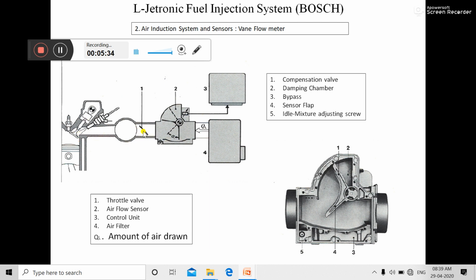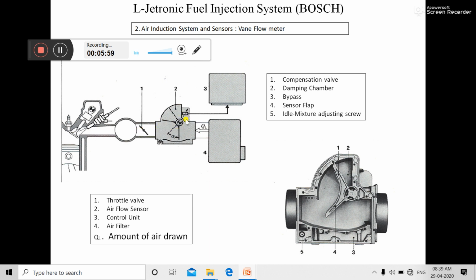Whenever the throttle is opening 100%, or say 90%, or any magnitude, there is always some error compared to the actual throttle opening, because of the damping spring. In cases of sudden acceleration or deceleration, due to the inertia effect, it has a poor response with respect to the throttle position.